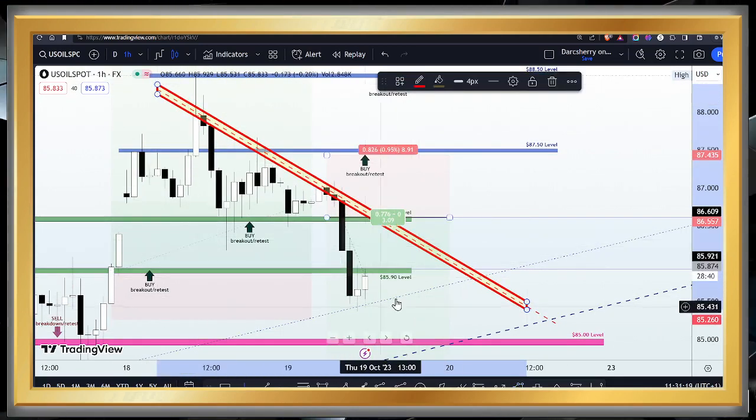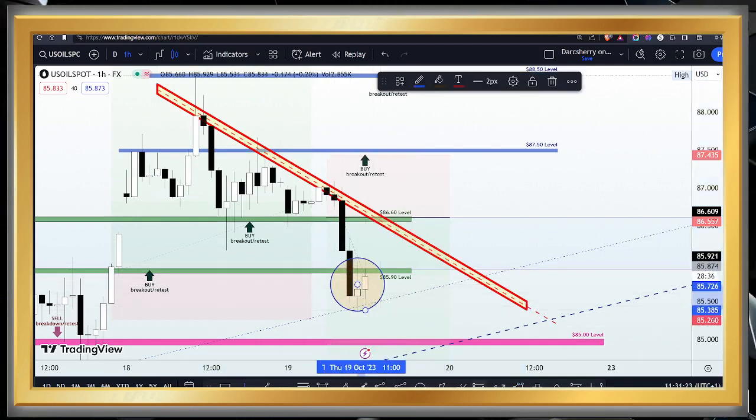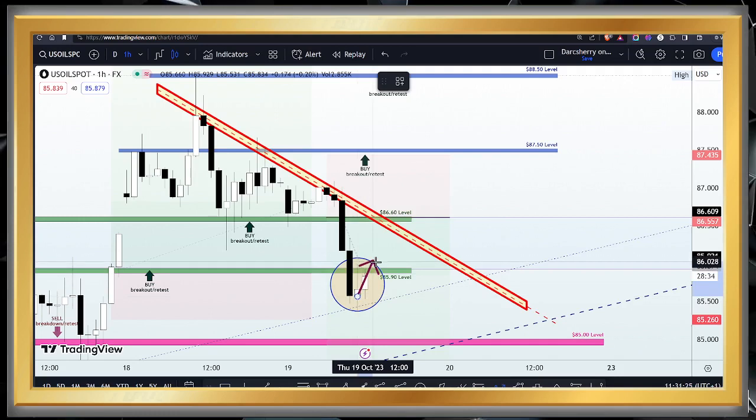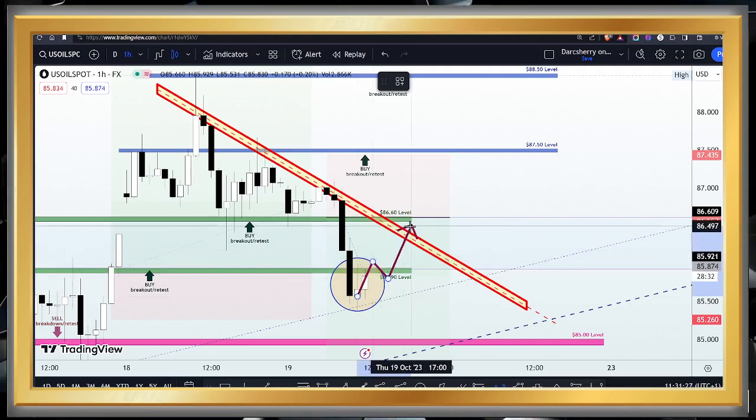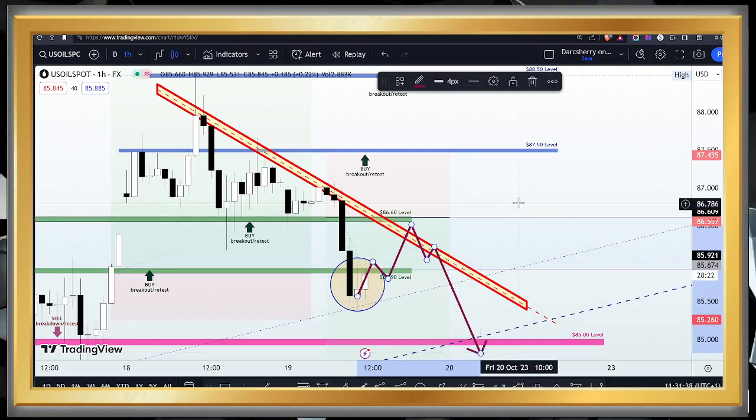So if this buy pressure persists, we might likely see a situation where price retraces back into the trend line or the $86.60 level, and if buyers find it difficult to break through the trend line, we might likely see a sell-off to the downside.